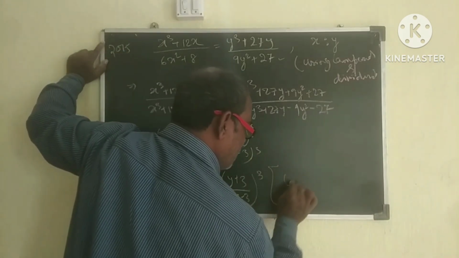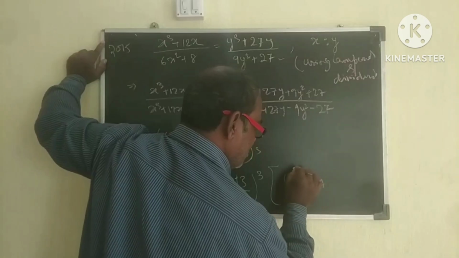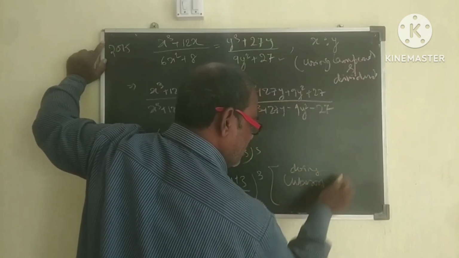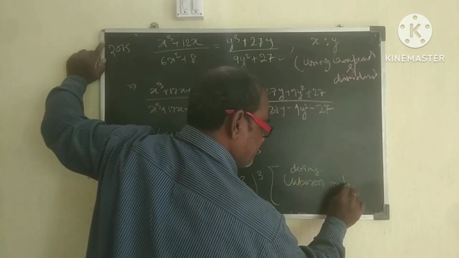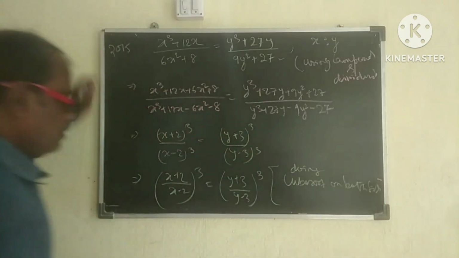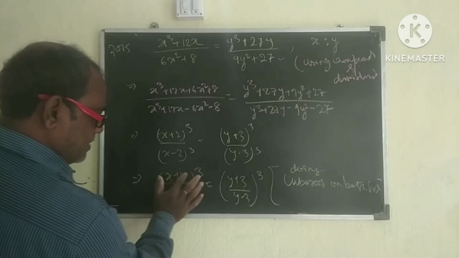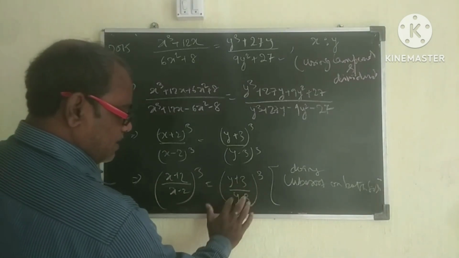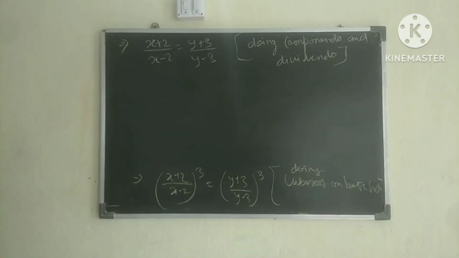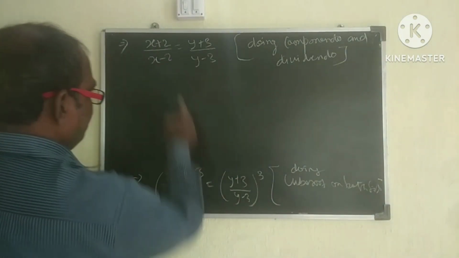Now doing the cube root on both sides, the 3 gets cancelled off, and we get x plus 2 by x minus 2 is equal to y plus 3 by y minus 3.